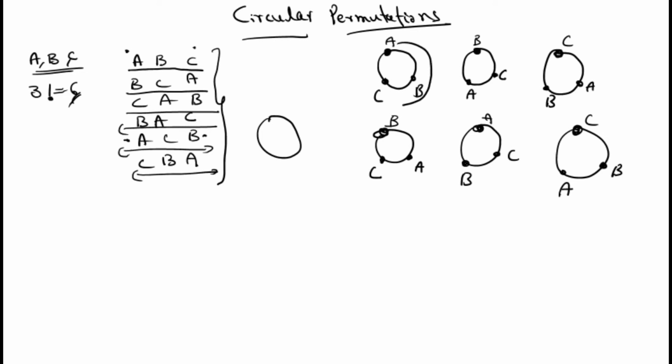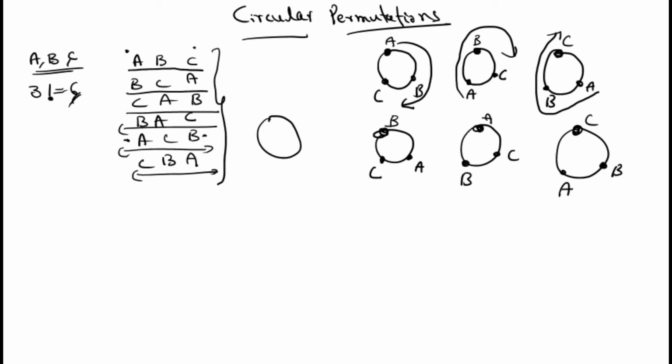You will get ABC only. In the clockwise direction from A, you get ABC only. This arrangement is the same, right? ABC, ABC, ABC. In a circular permutation, this arrangement is the same.